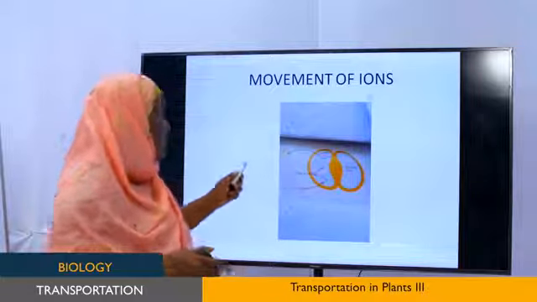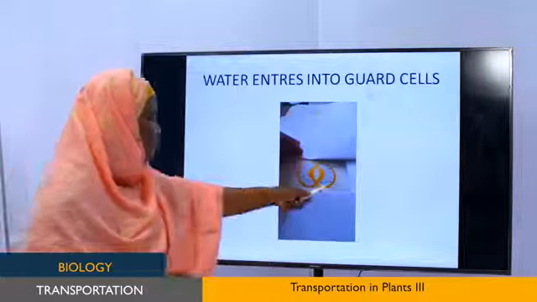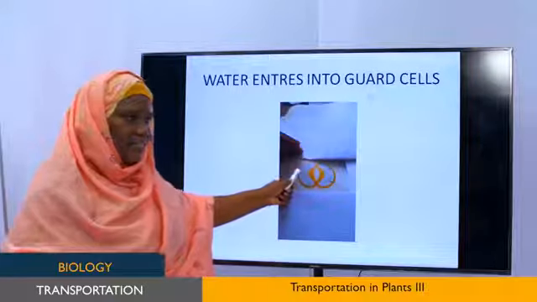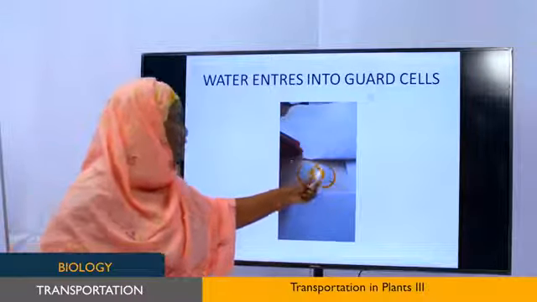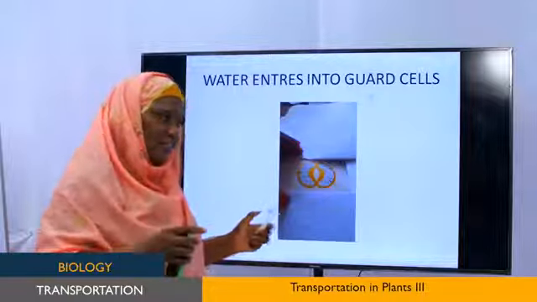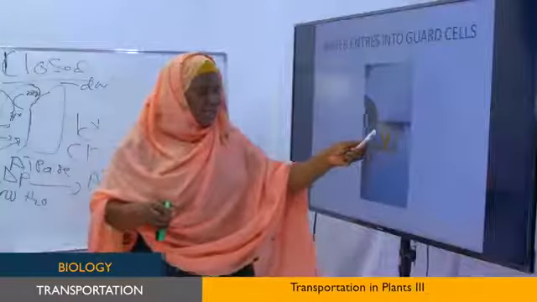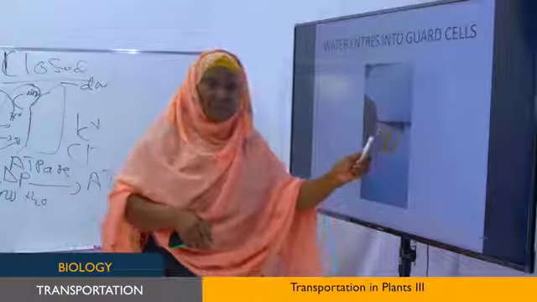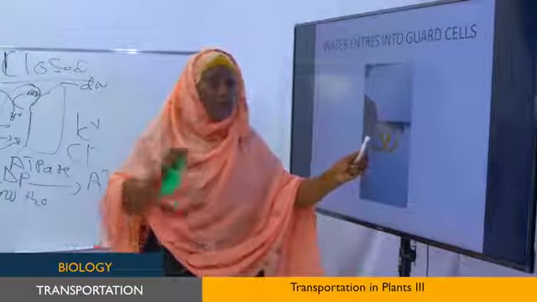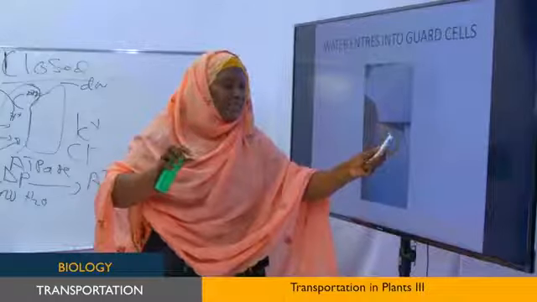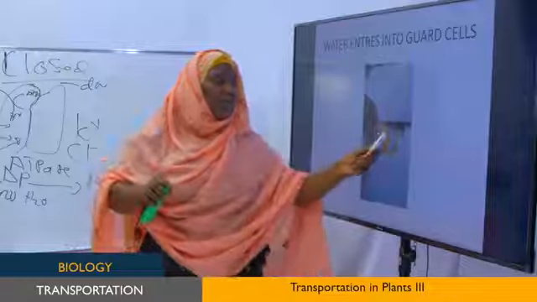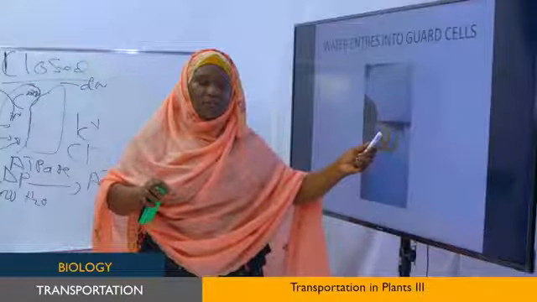Let us check another diagram there. You see, water enters the guard cells. These guard cells become turgid, and you see it. I said that the outer wall is thin. Due to thinness, it makes these layers more elastic compared to the inner walls.